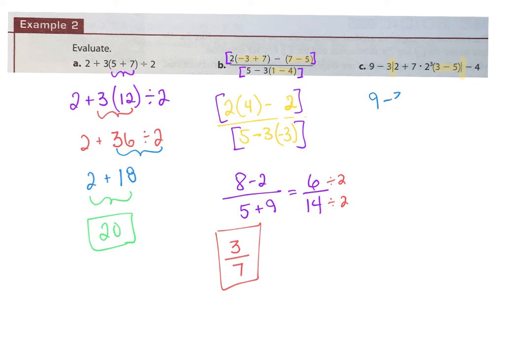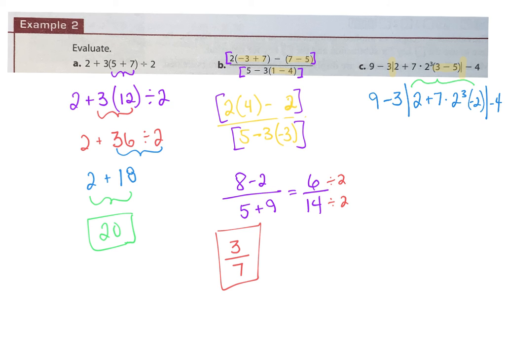So I have 9 minus 3, absolute value of 2 plus 7 times 2 cubed. And then I'm going to do this 3 minus 5, which is what? Negative 2. Absolute values after that, and minus 4. Now I'm going to look at this inner piece here and do my order of operations.